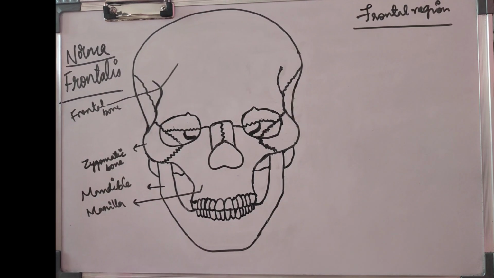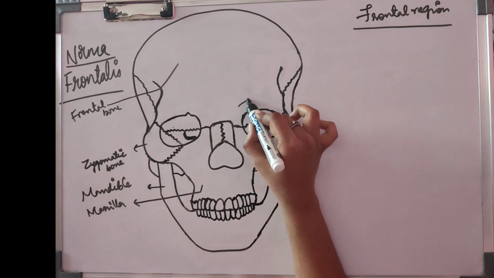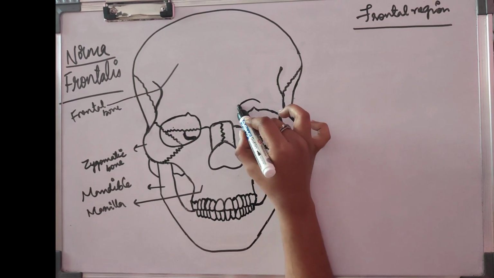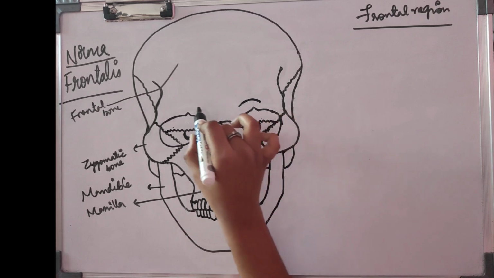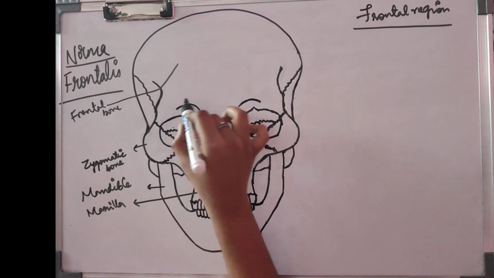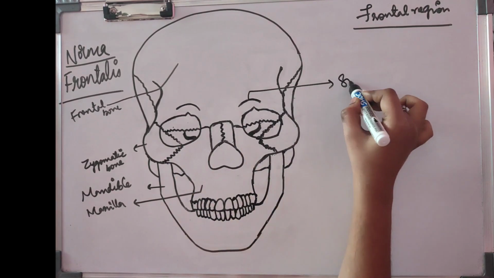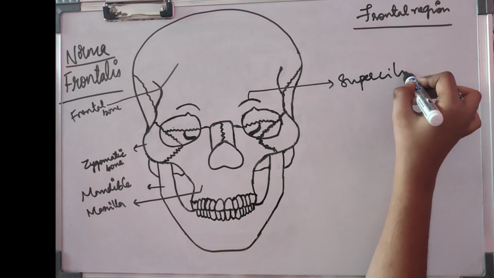In the frontal region, above the medial part of each orbit, we can see one round curved elevation, and these curved elevations are known as superciliary arch.